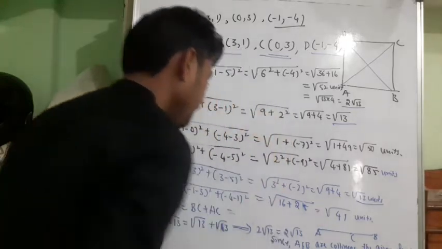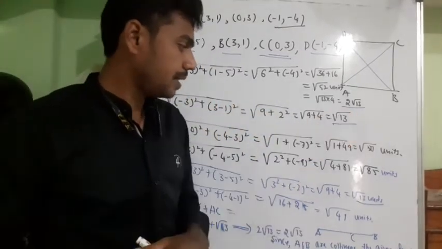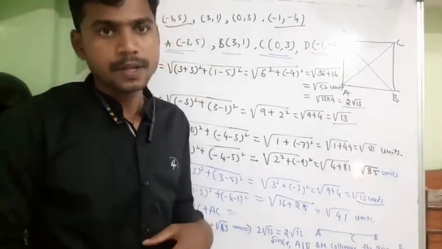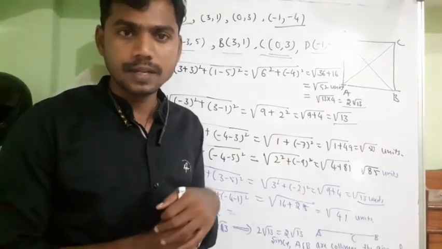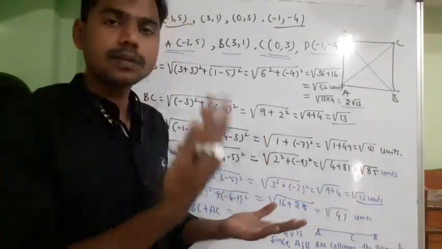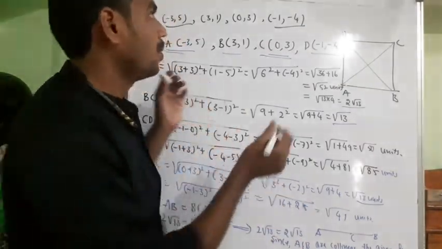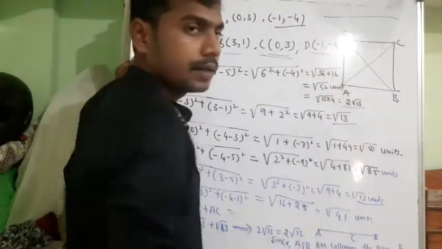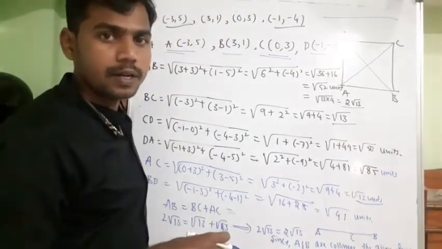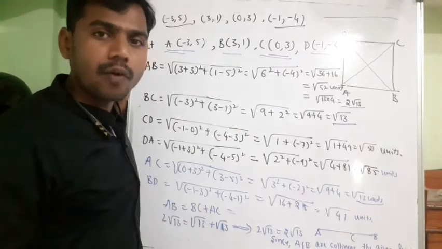Understood? So how did I get this idea? Root 13 was there, and one more root 13 was there, so when I add them, I get 2 root 13. If the sum of two sides is equal to the third side, then the points are collinear. If 3 of the 4 points are collinear, can I make a quadrilateral?